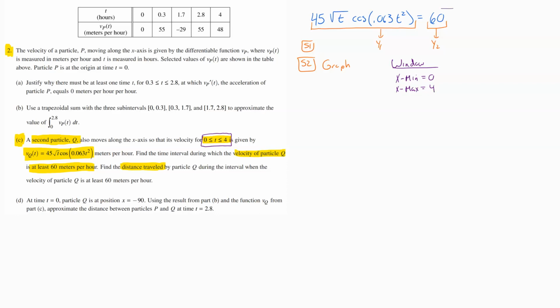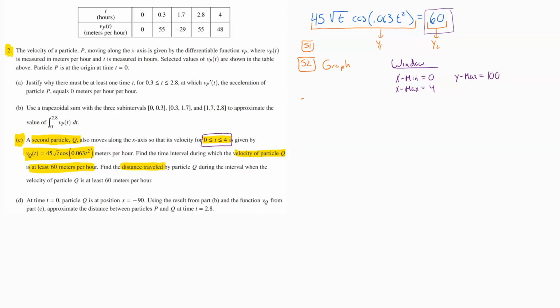Then whenever you've got a number by itself as what you're setting it equal to, that's just going to be a straight line at whatever that number is. So we're going to have a straight line at y equals 60. If we're going to see that straight line, we want to make sure that our y max is above that number. So above 60, I'm going to set it to a nice 100.